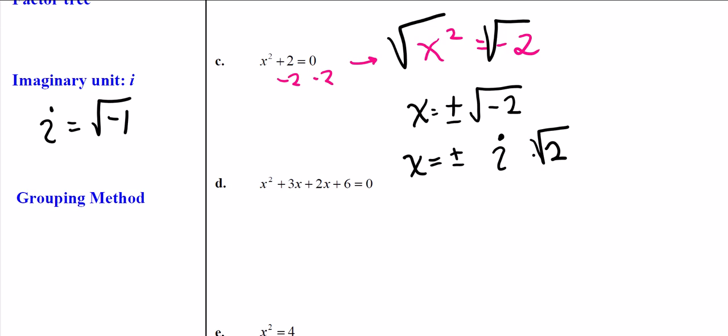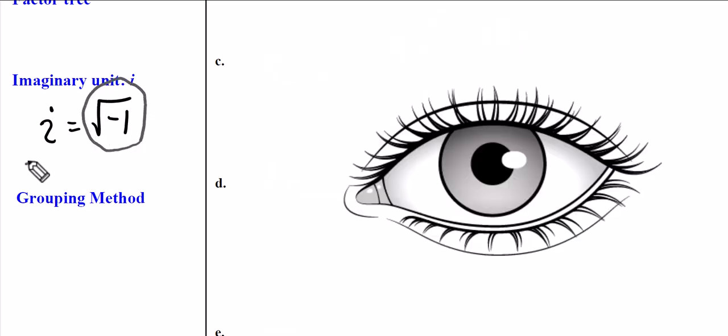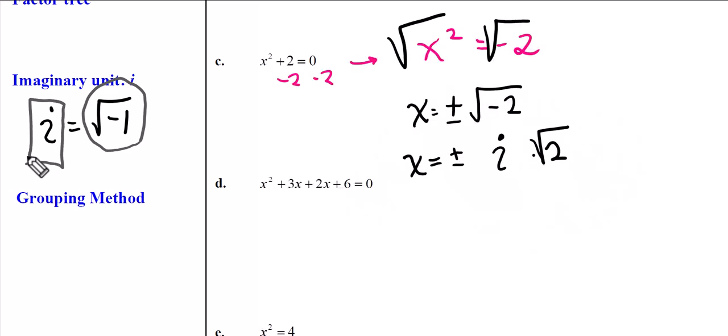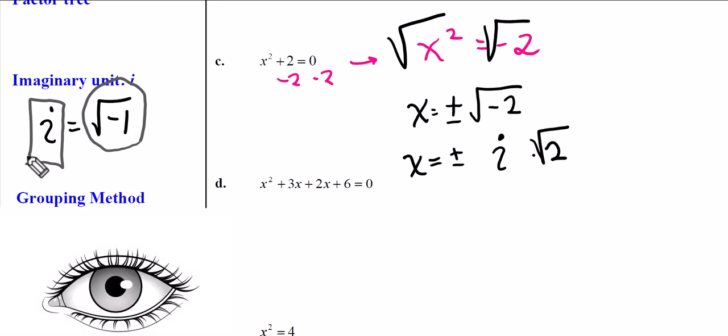I'm here to tell you that square root of -1, if you put in a calculator, it gives you error or a domain error or something weird, okay? I'm here to tell you that if you see square root of -1, you can replace that with an i. This is an i, not a 2. This i represents an imaginary unit. I would encourage you to watch the videos that I have on imaginary units if you want to know why we use i.